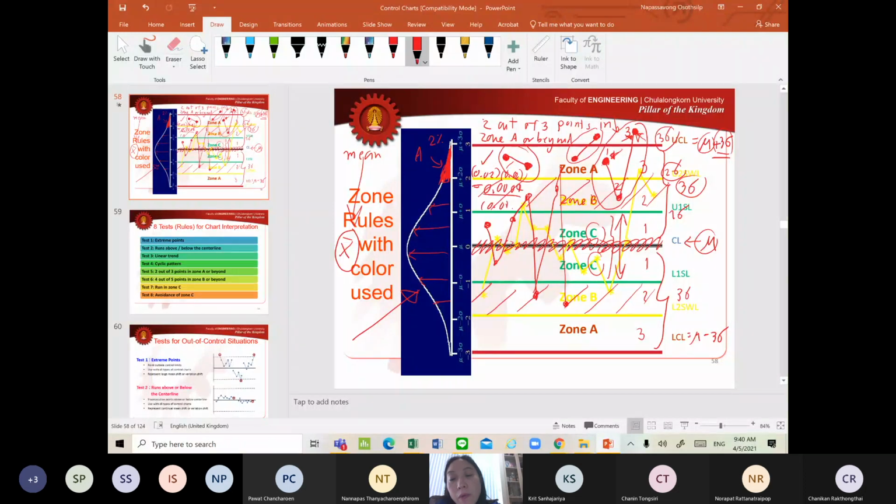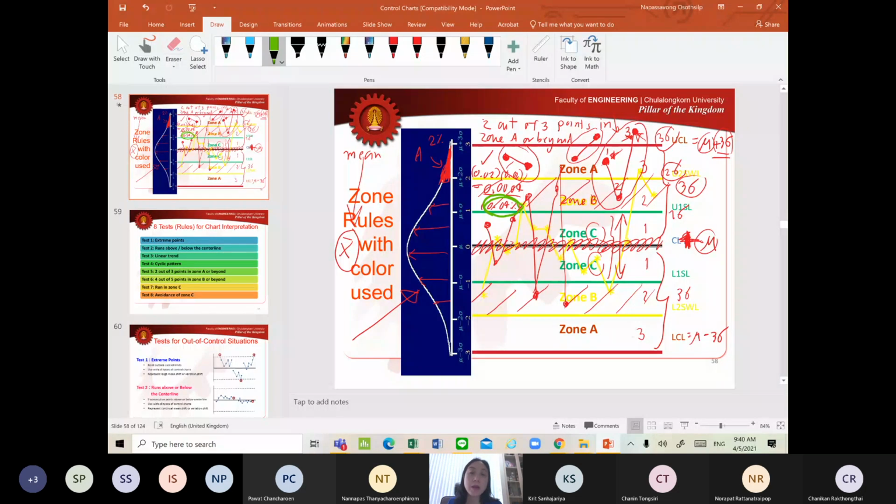Now it becomes very unlikely, which is 0.0004, about 0.04%. So this means that if the mean is still at the center line level, actually you have a chance to see 2 consecutive points in zone A also, but the chance is really unlikely, 0.04%.